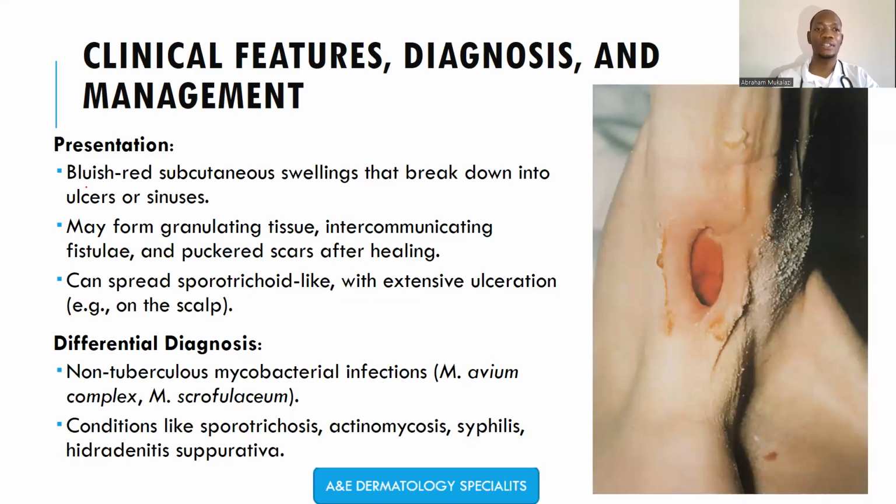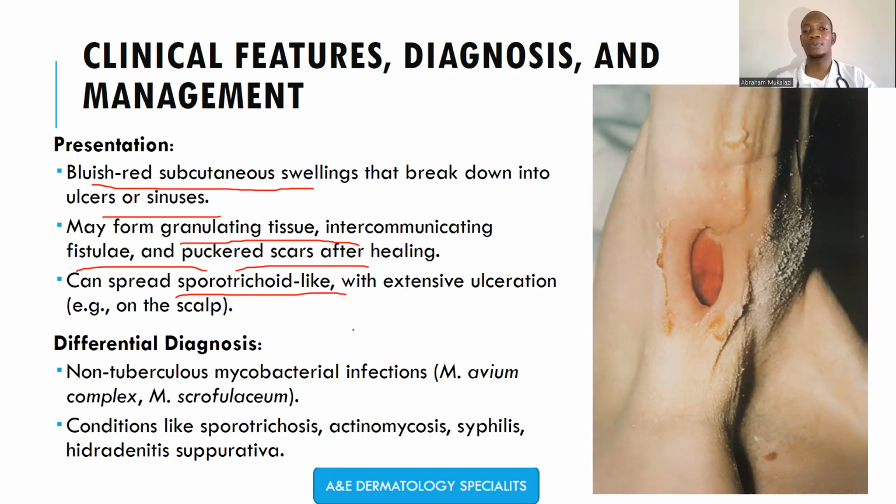So in the clinical picture, someone can have bluish red subcutaneous swellings that usually break into ulcers and sinuses, and may form granulation tissue overlying the ulcer. Someone will have different fistula and then pockets of scars that have healed. And then sometimes you can have also sporotrichoid pattern of extension where it follows the lymph nodes.